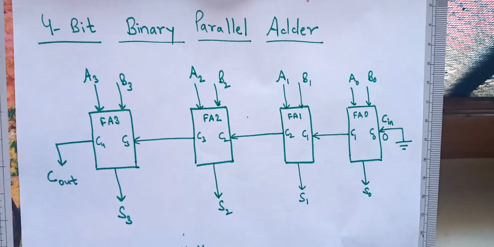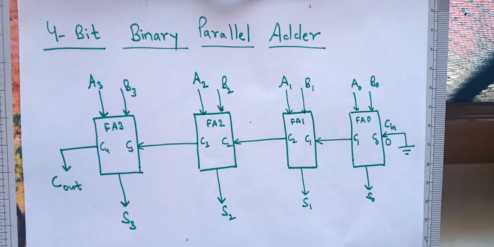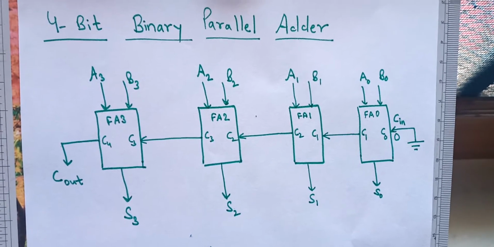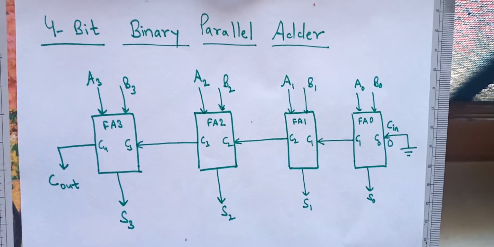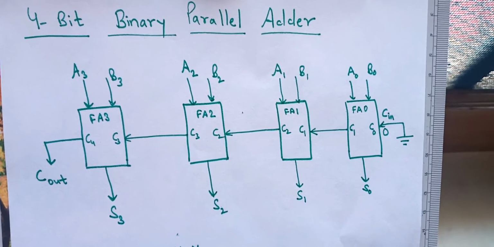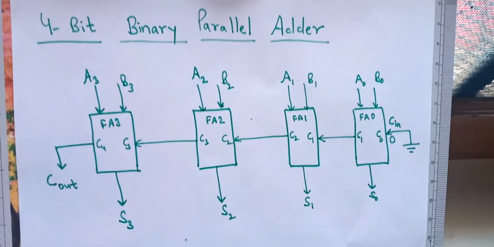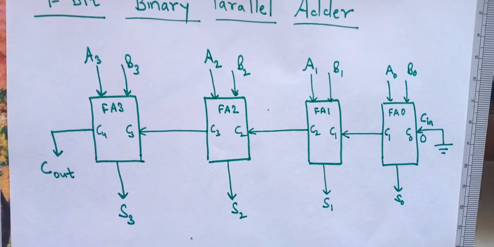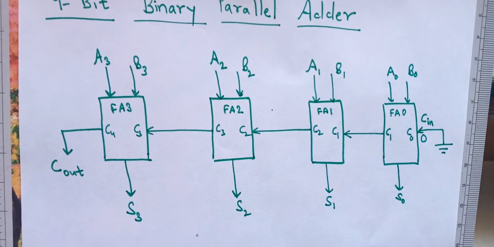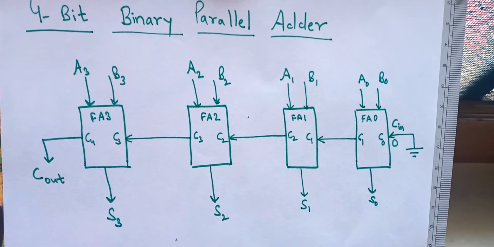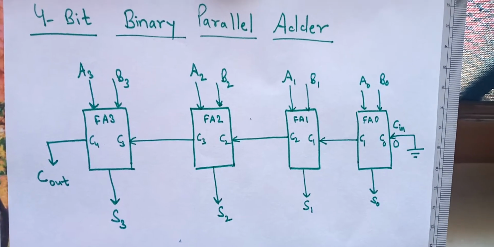All the 4 bits addition is completed here, and the C4 becomes Cout. Cout is the final output carry of this 4-bit binary parallel addition. So we can get S3, S2, S1, S0 as the sum, and Cout as the final carry.